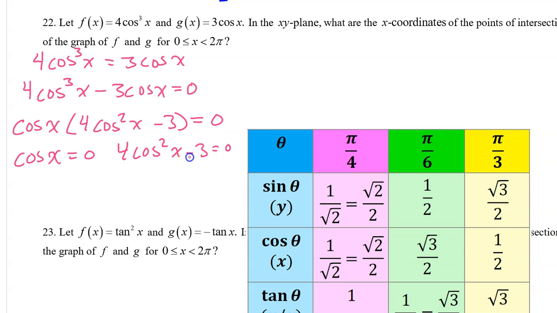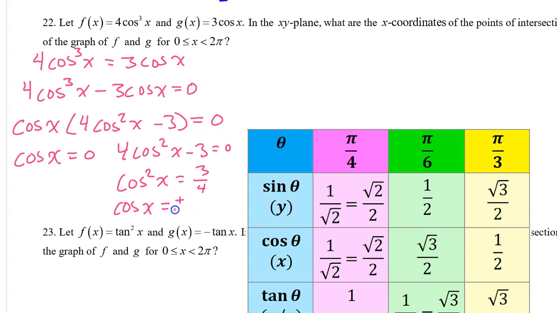Adding 3 to both sides and dividing by 4 gives us cosine squared x is equal to 3 over 4. Taking the square root of both sides gives us the cosine of x is equal to. Don't forget, when you take the square root of both sides, the solution can be plus or minus.